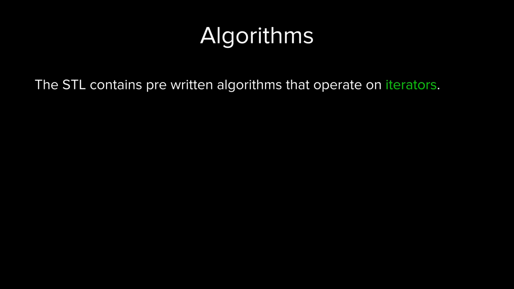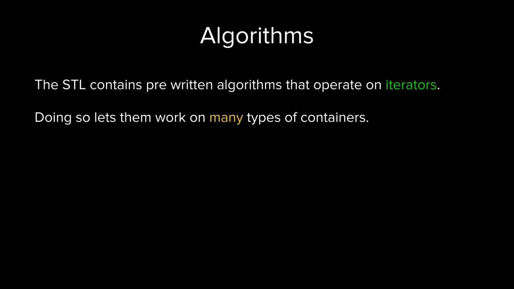I could write a sort function that will take a vector of int and sort it. Or I could write a sort function that will take an iterator start and an iterator end, and sort everything in that range. Now this sort method will work for vectors, lists, and I guess any collection that provides iterators, more or less. So standard algorithms operate on iterators, and that lets them work on a lot of types. And they rely heavily on templates.